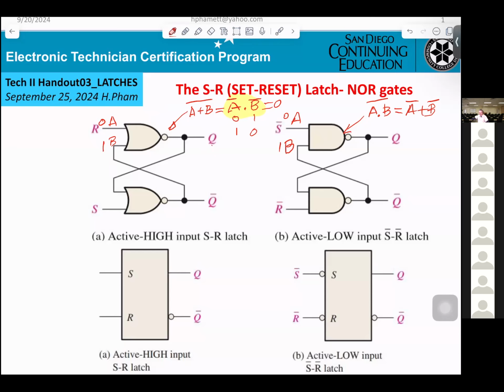I know Q will be equal to not A or not B. A is 0, not A will be 1. 1 ORed with anything must be 1. That is the NAND gate working. If you don't know how it's working, you cannot analyze it.